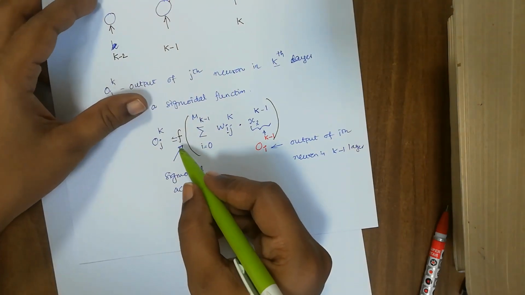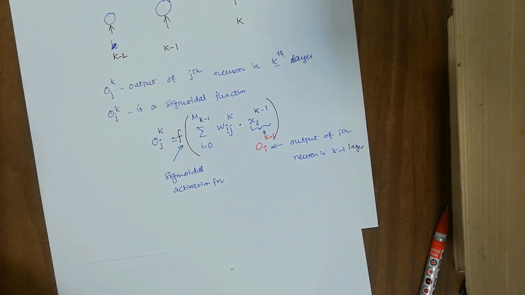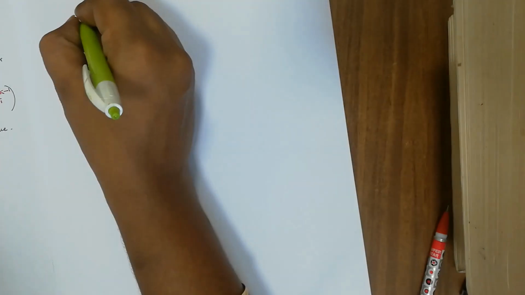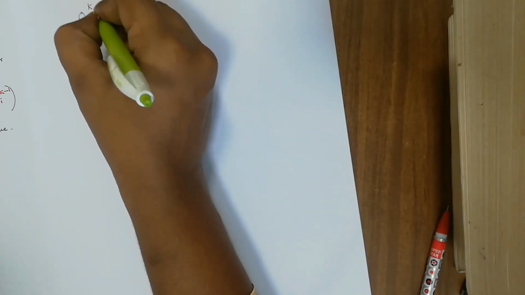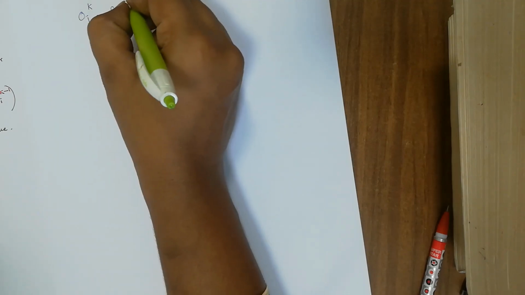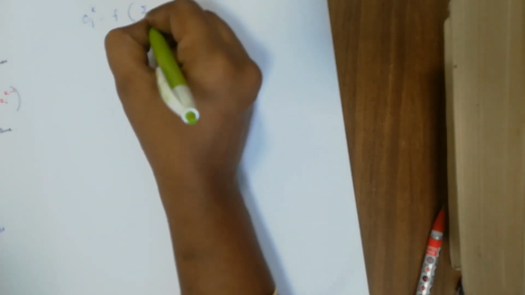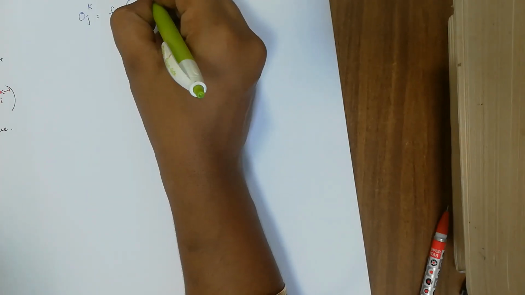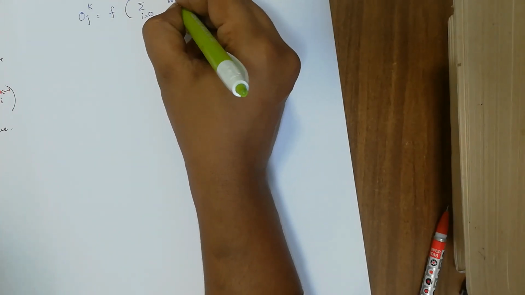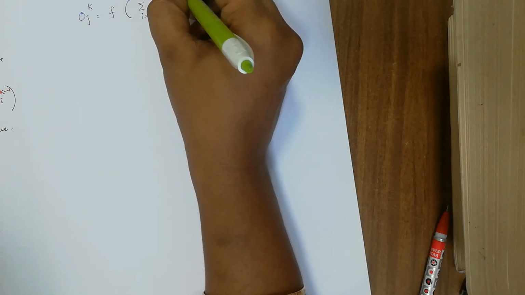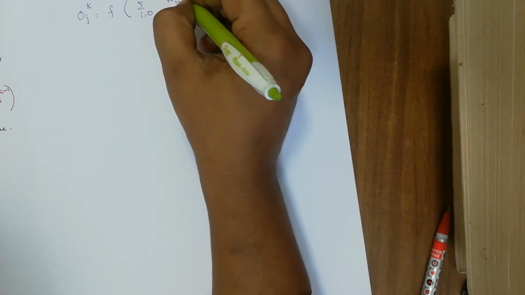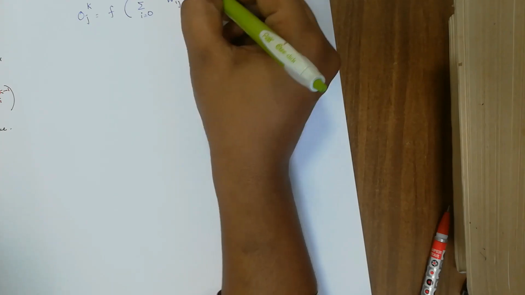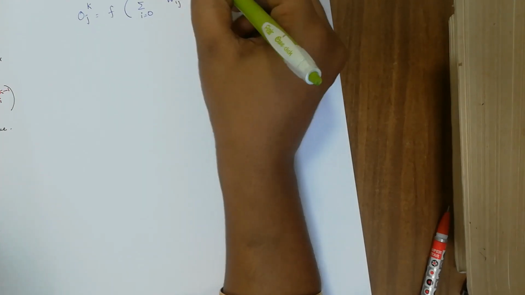So if we replace this as a nonlinear function, now this ojk we can write as, let me rewrite ojk, a nonlinear function, summation of i equal to 0 to mk minus 1, wij k into oi k minus 1.